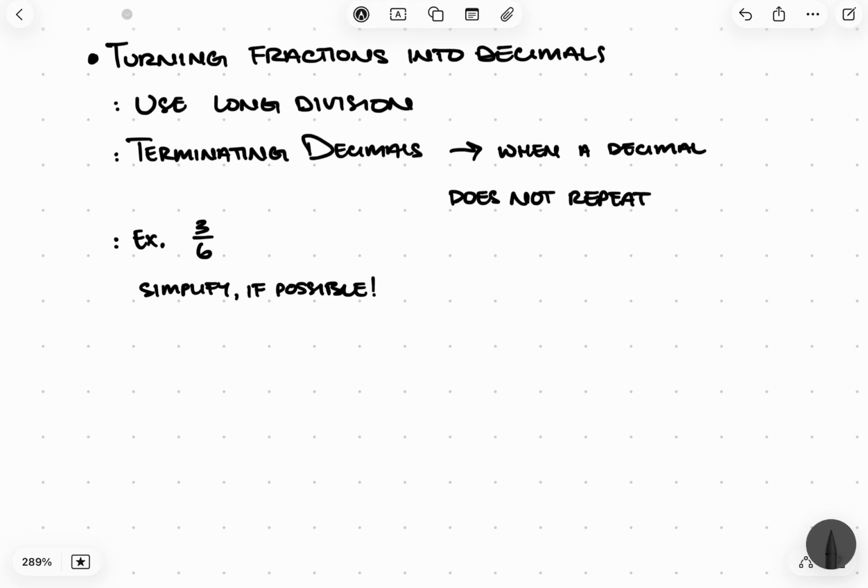Let me rewrite the 3 out of 6 here so you could always see what the original question was. So I could divide both the top and the bottom by 3. So then I have 3 divided by 3, which is 1. 6 divided by 3, which is 2.